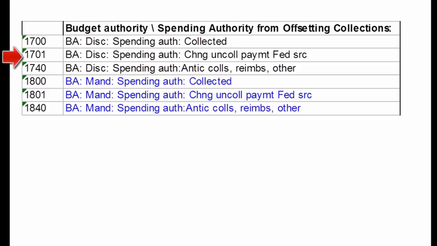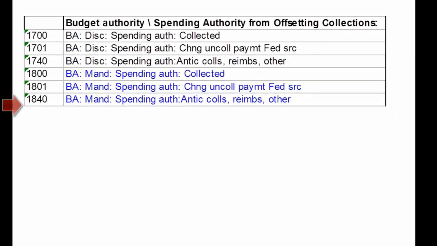Lines 1701 and 1801, change in uncollected payments from federal sources, reflect amounts earned but not yet collected, otherwise referred to as receivable. And lines 1740 and 1840 reflect amounts anticipated to be collected.